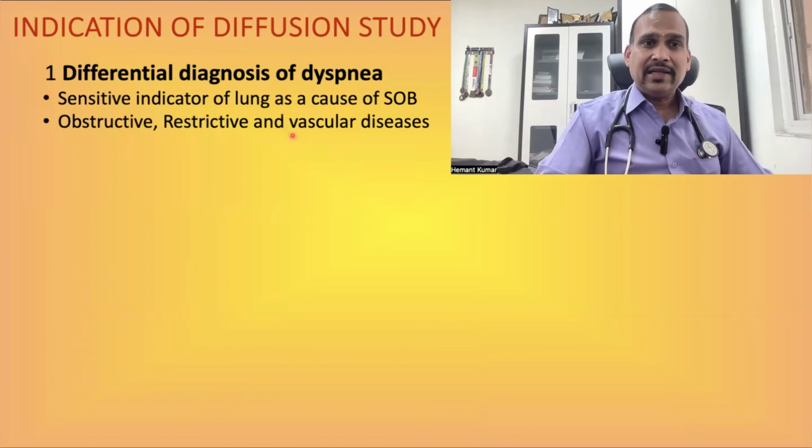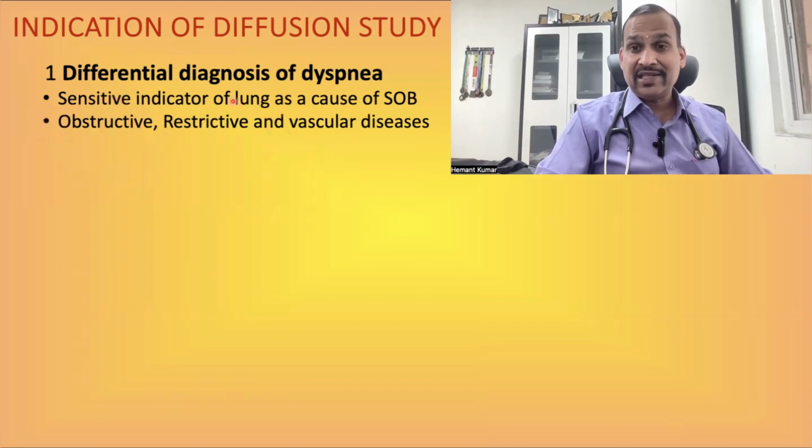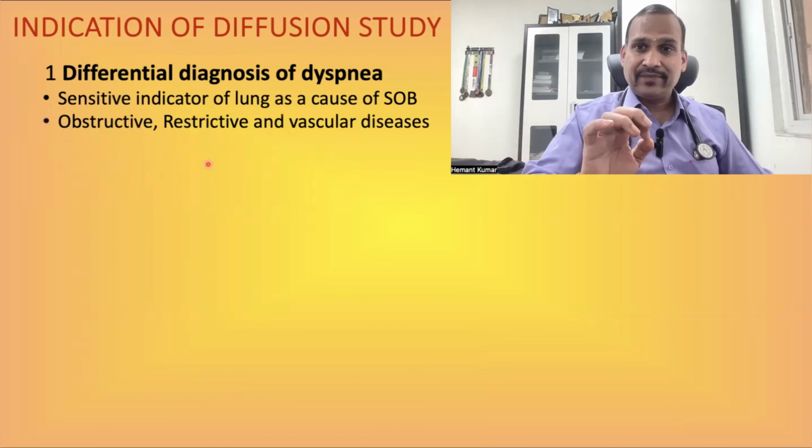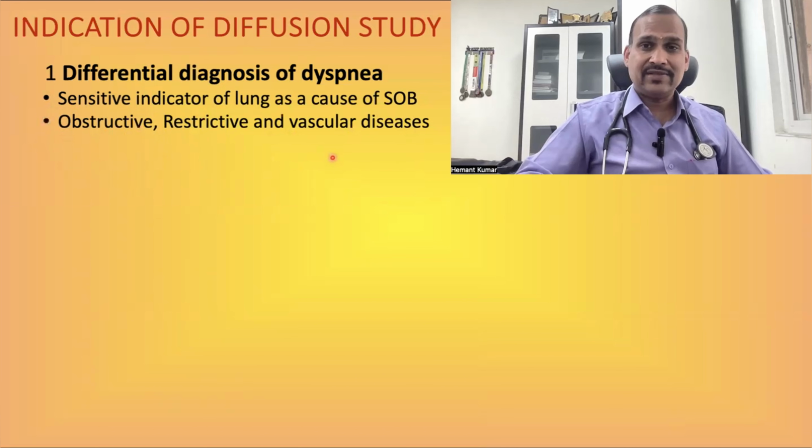It is also used to diagnose obstruction like emphysema, restrictive lung disease, ILD, most commonly used in ILD diagnosis as well as to see progression. Vascular disease like pulmonary embolism, pulmonary arterial hypertension. In these cases, we get diffusion study done.